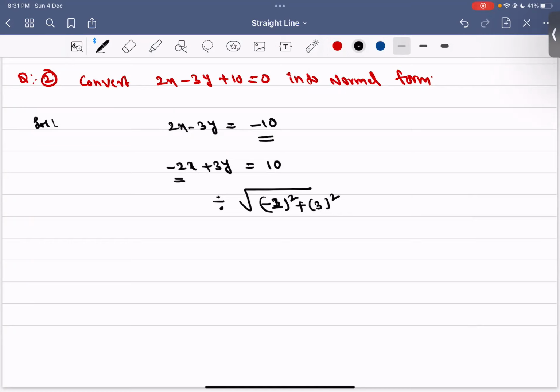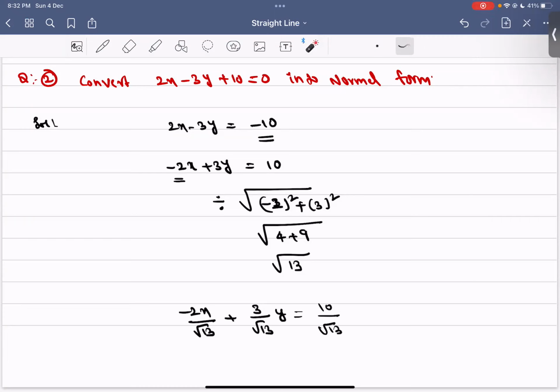Then 4 plus 9 is 13, so root 13. If we divide, it becomes minus 2x by root 13, plus 3 by root 13 y, is equal to 10 by root 13.